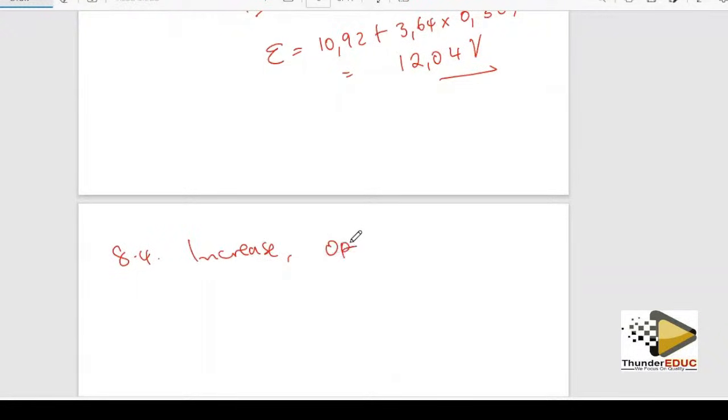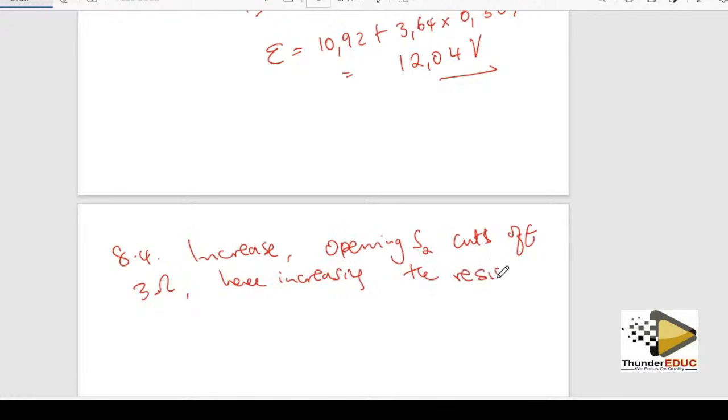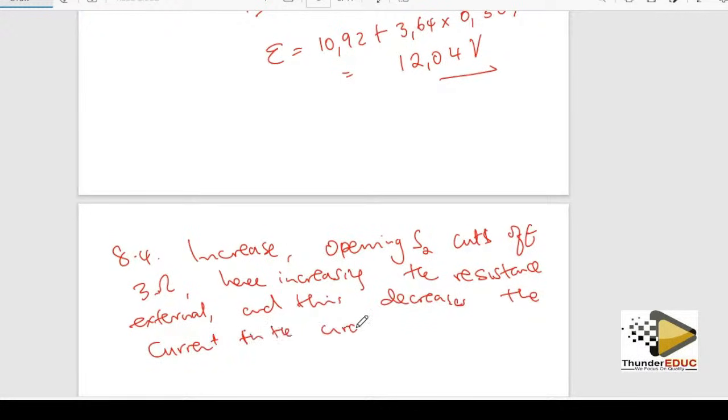Reason being that opening S2 just cuts off the 3 ohm, hence increasing the external resistance, and this decreases the current in the circuit.